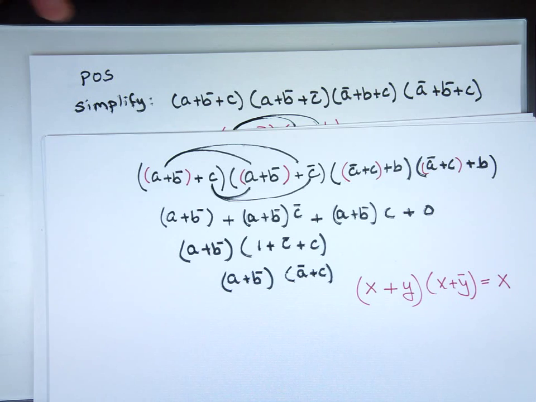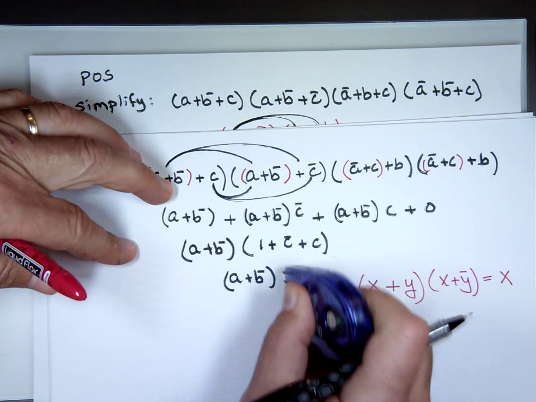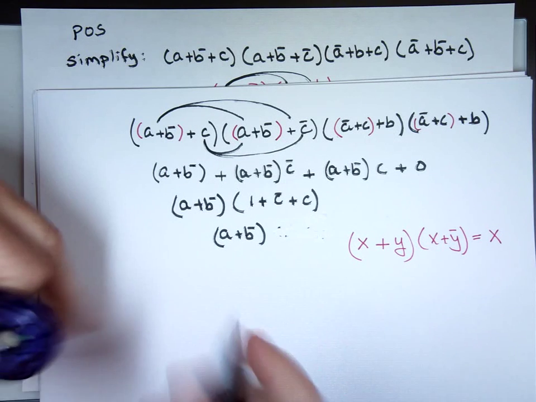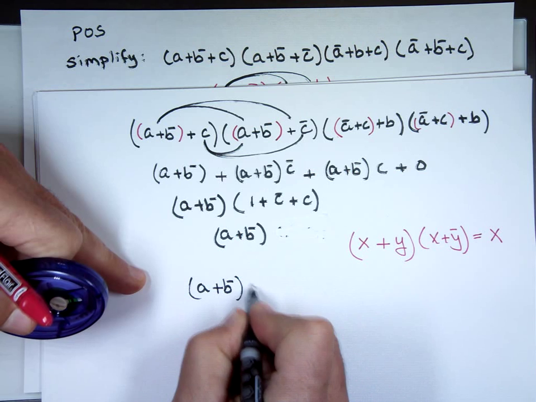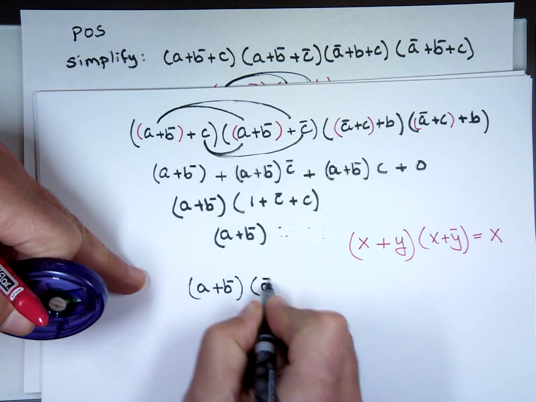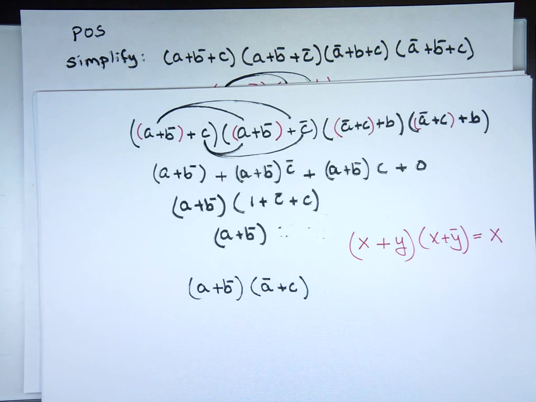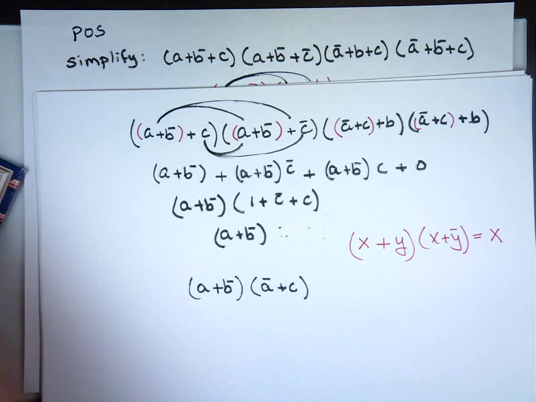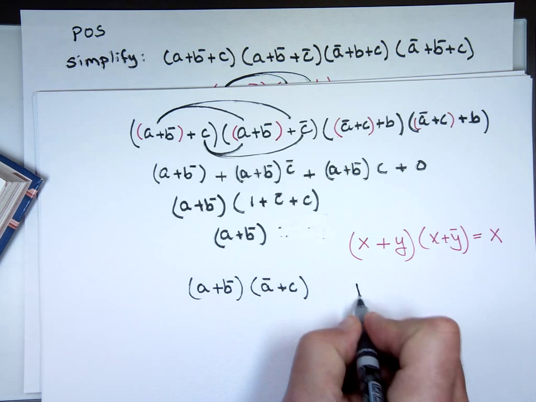So the whole thing now becomes A plus B bar, and the other one is A bar plus C. And that's my answer.